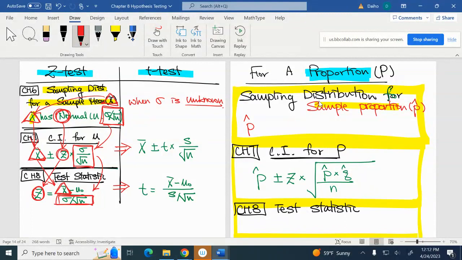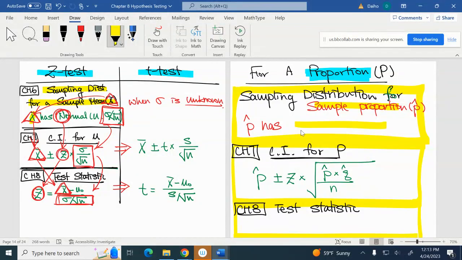So now I have to state it: the sample proportion has what distribution? Normal distribution. Why? Before, why did we use the z-score? Because the sample mean had a normal distribution. The reverse way, we use the z because it has a normal distribution.